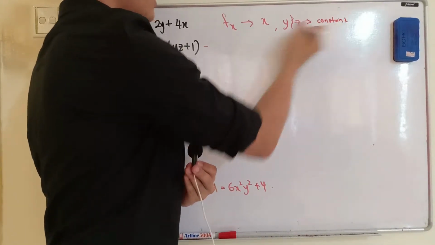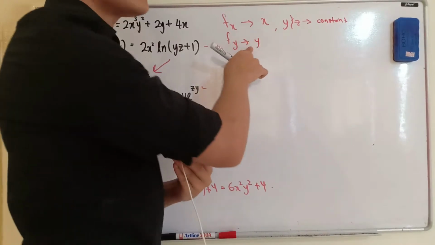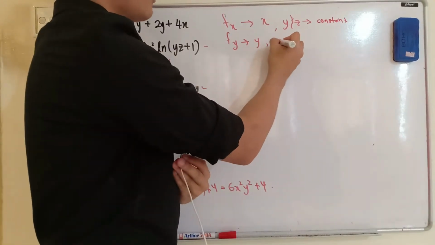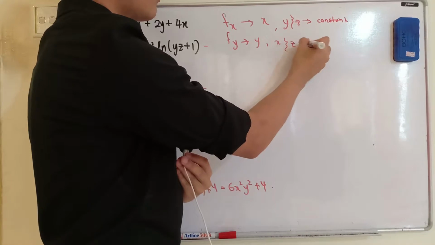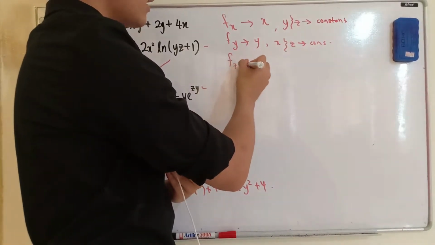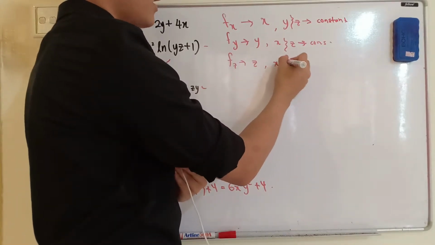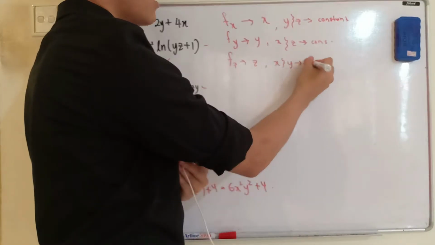If you have f_y, with respect to y, let's say you want to differentiate y, your s and z are going to be constant. If you want to differentiate f_z, it means you differentiate z, and your s and y are going to be constant.